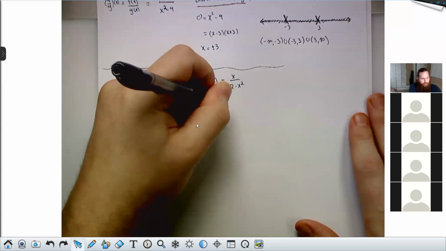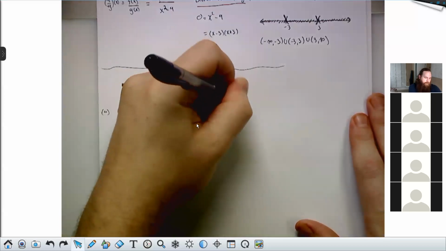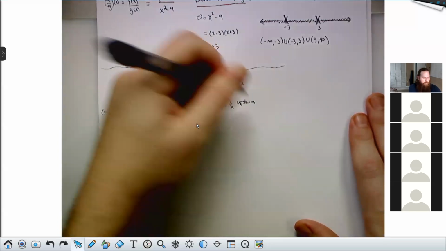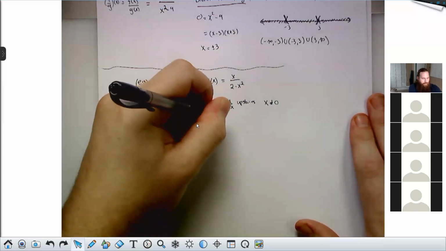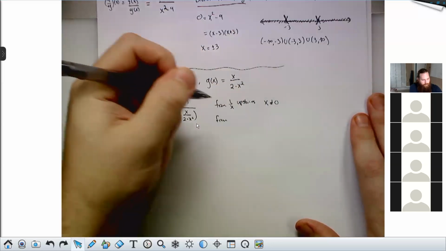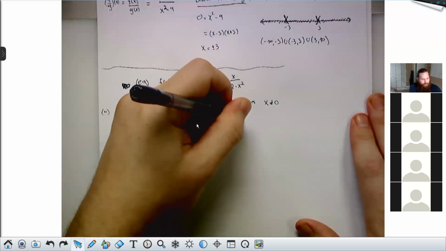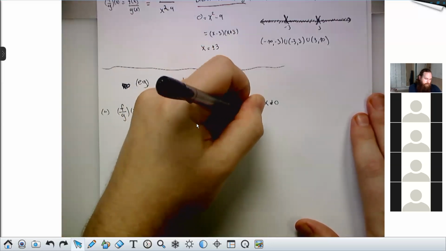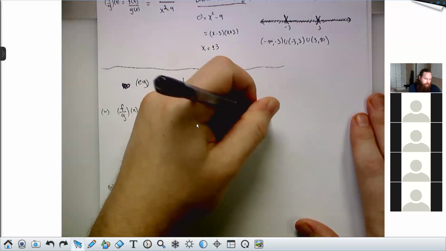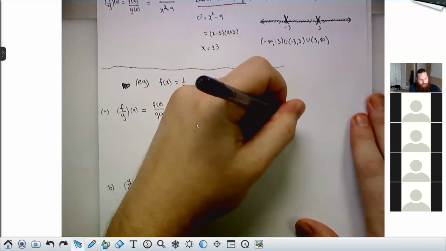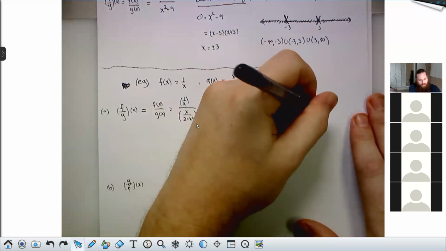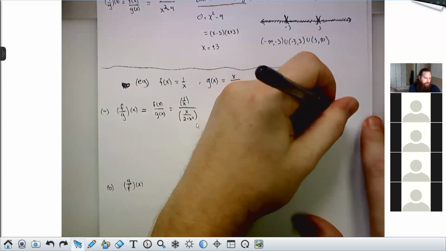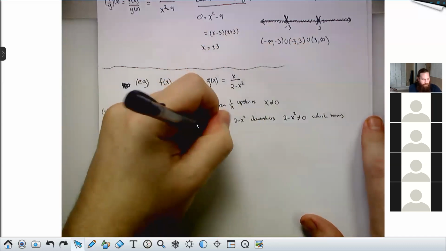So from the 1 over x upstairs, x can't be 0. From the 2 minus x squared downstairs, 2 minus x squared can't be 0, which means we factor that as a difference of squares, right?